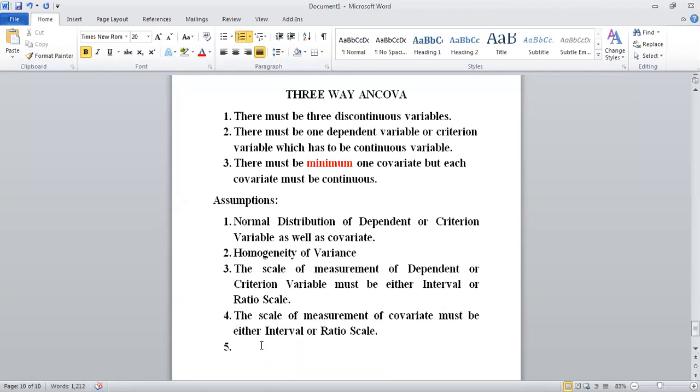And then the last is that there should not be any outliers. I have been telling you, outliers refer to those numerical data which are either too low or too high.